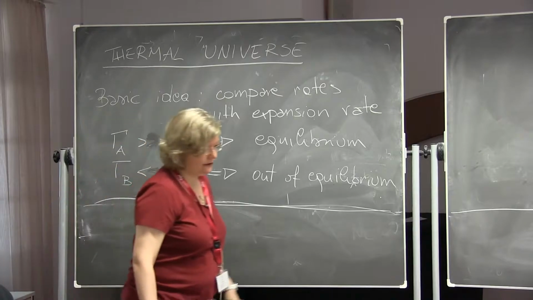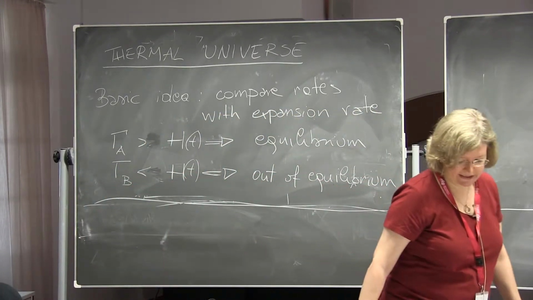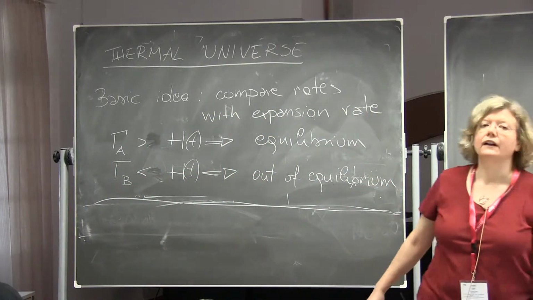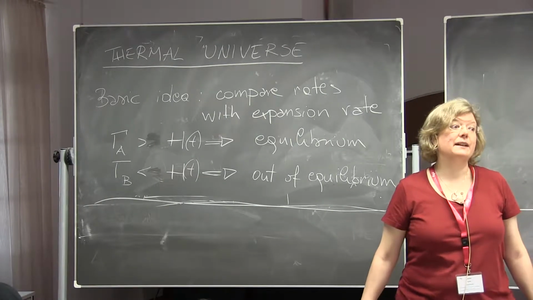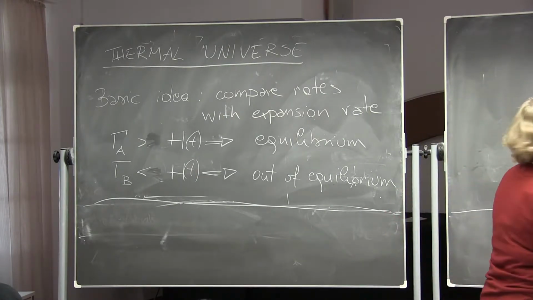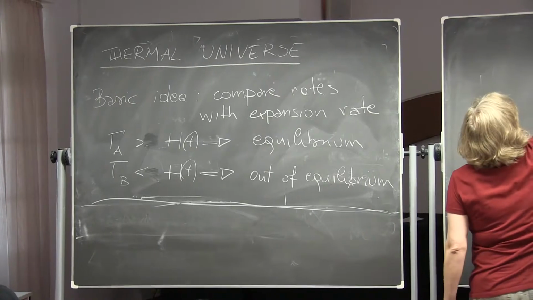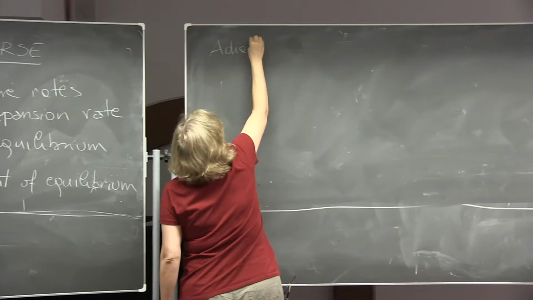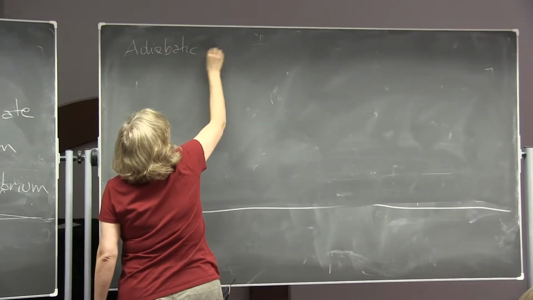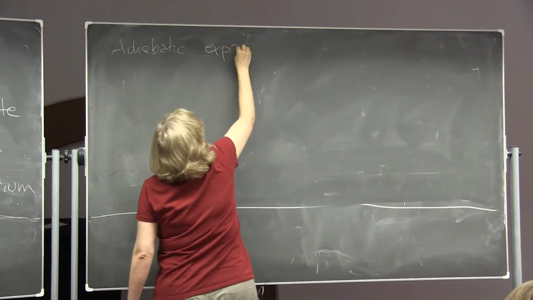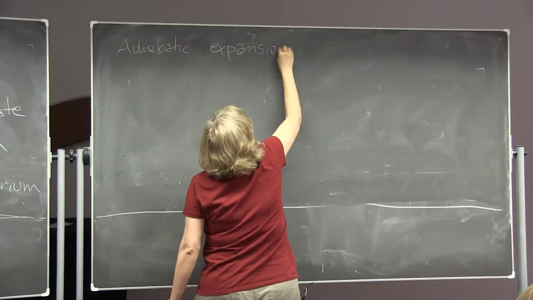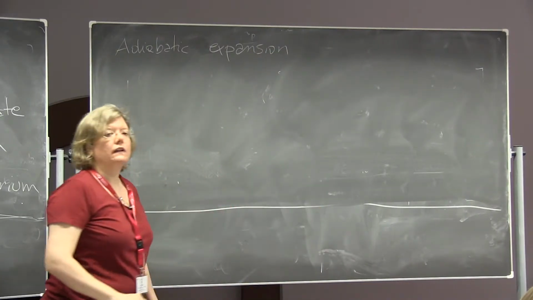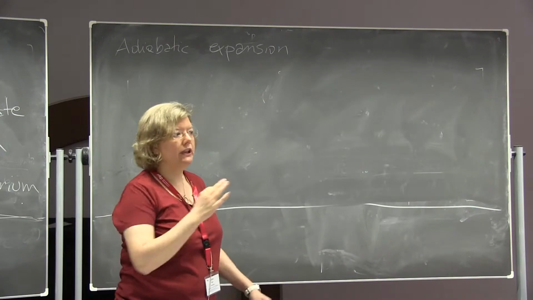And this is connected to another assumption we will take for most of the cases, the assumption that we have an adiabatic expansion of the universe. There are very few epochs in the history of the universe where we relax this condition.